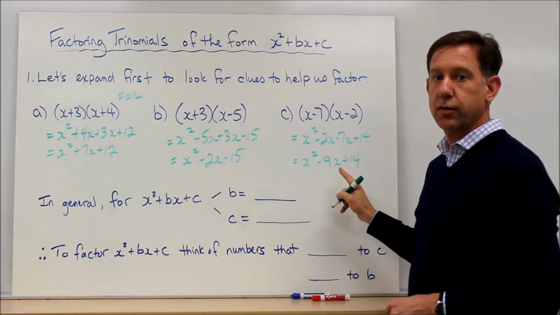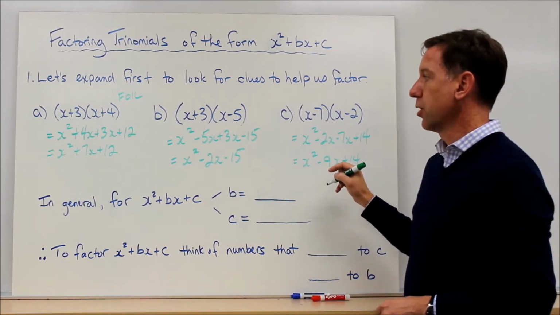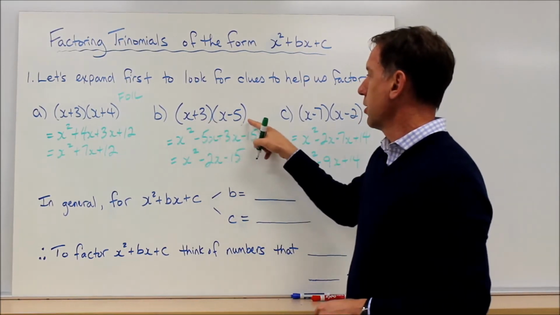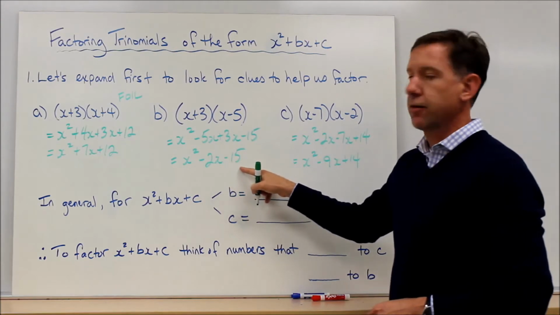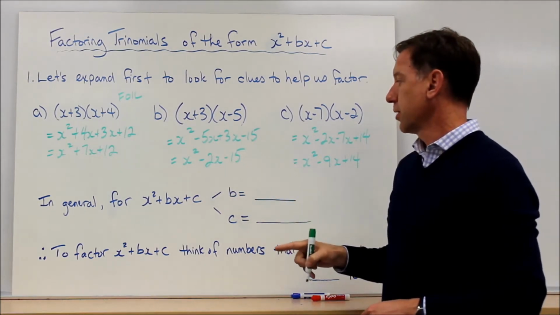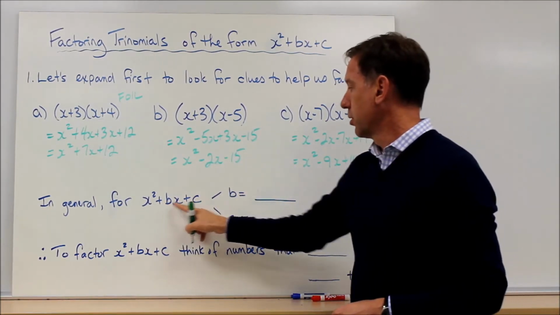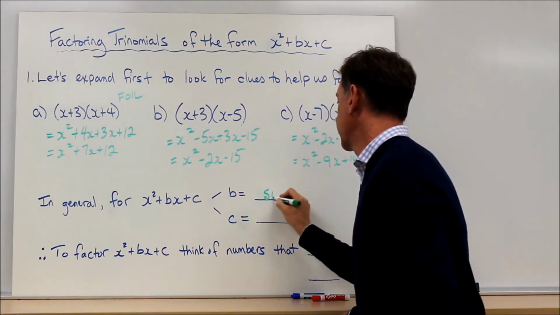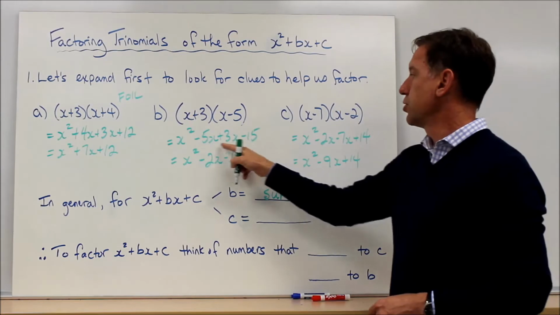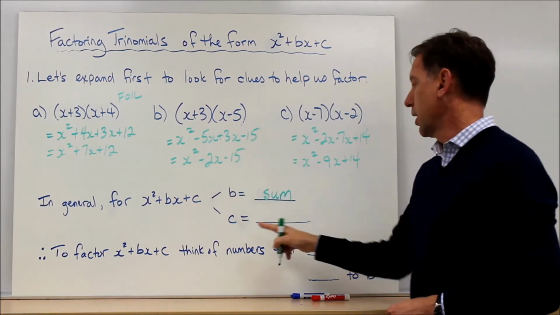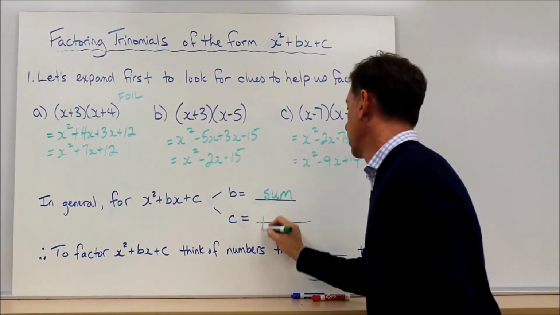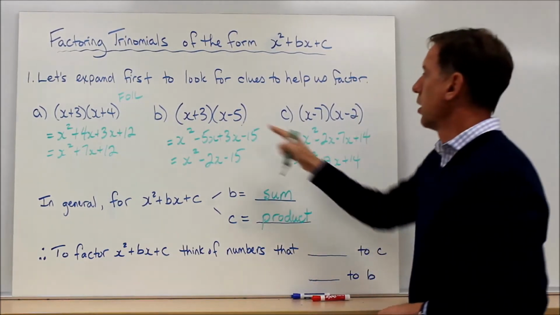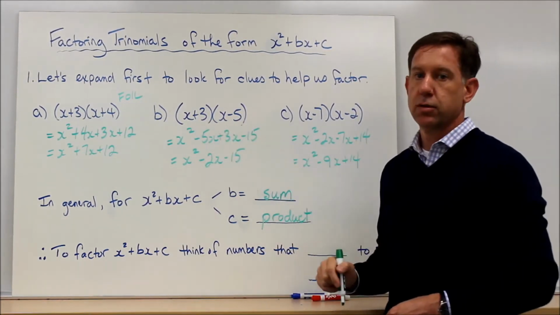So when we're dealing with factoring trinomials, what we want to be able to do is decide, how do I build these brackets up here based on the trinomial that we have down here? And the result is basically the middle number comes from a sum of the two middle terms, and the last number is a product of the last two numbers.